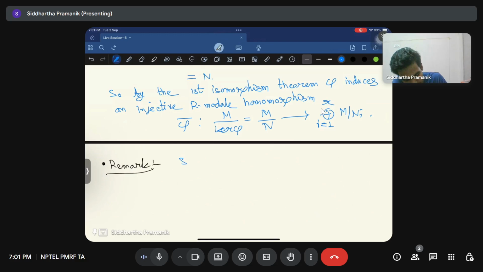Since phi bar from M mod N to the direct sum of M mod Ni, i equals 1 to r, is injective or one-to-one, the associated primes of the left module is a subset of the associated primes of the right hand side.